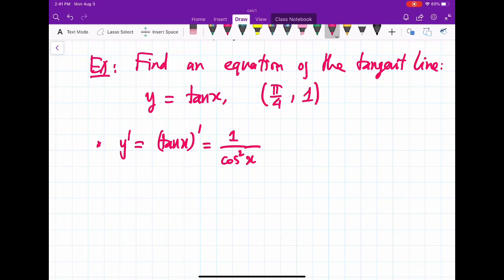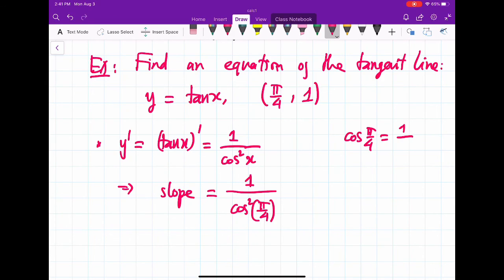All right, and from here I can find the slope of the tangent line at pi over 4. That is 1 over cosine square pi over 4, right? But what is cosine of pi over 4? Cosine pi over 4 is 1 over square root of 2. Then that is 1 over square root of 2 and then squared.